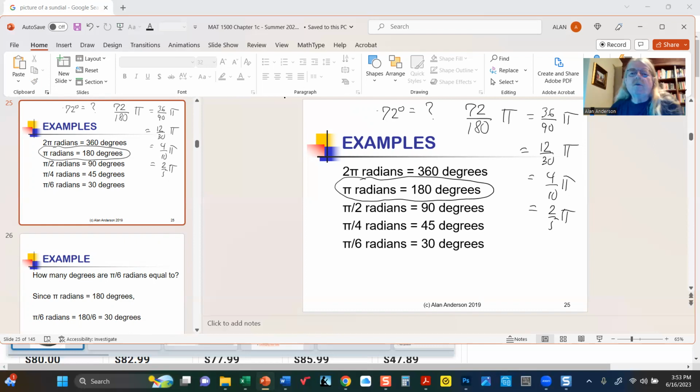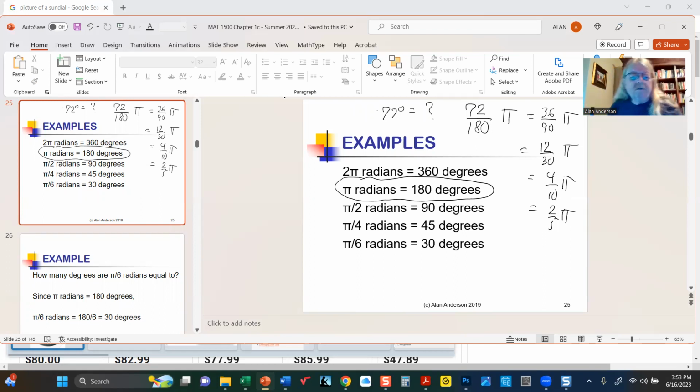Okay, so in other words, no matter what angle you have in degrees, you can easily convert it into radians by essentially dividing by 180. So in this case, if you went to your calculator and typed 72 divided by 180, it's 0.4 or 2/5.